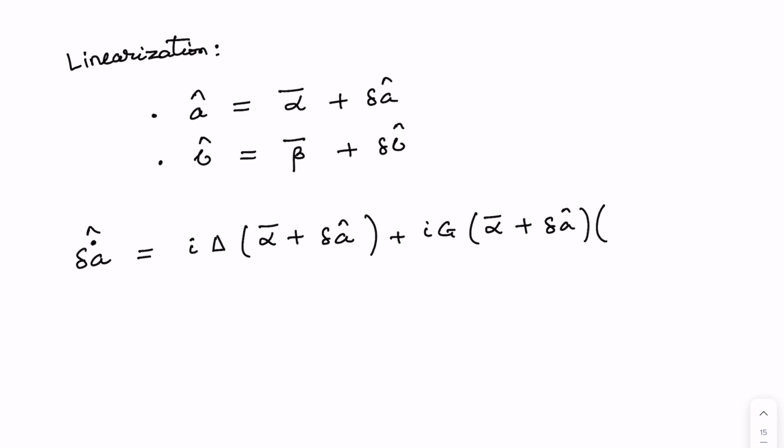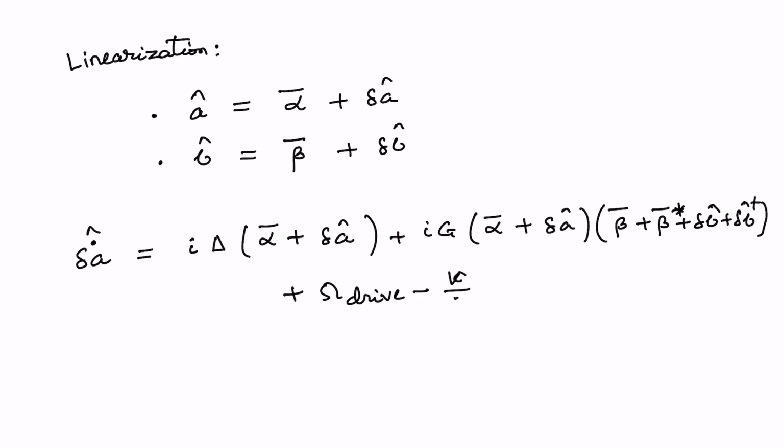In B plus B dagger I am having beta plus beta star, then I have delta B plus delta B dagger. This is what I will have. And then I have omega drive minus kappa by 2, with A now replaced by alpha bar plus delta A, and quantum noise as it is, square root of kappa A in.